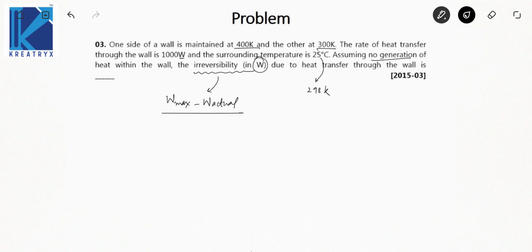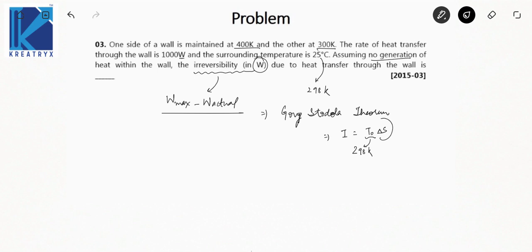There is one more way, that is the Gouy-Stodola theorem. You must have heard of this theorem. That is, irreversibility is equal to T naught delta S, where T naught is the ambient temperature, which is 298 Kelvin.